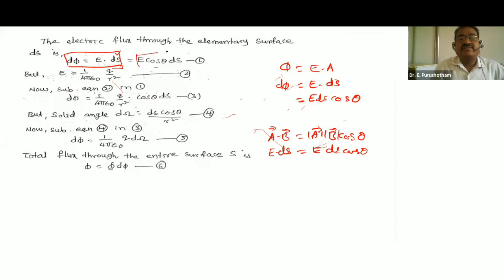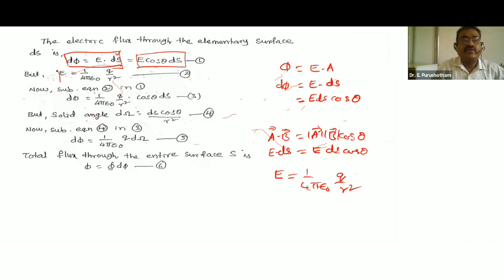We can write this as E ds cos theta, or E cos theta into ds. Let that be equation number 1. But we know the electric field intensity formula: E is equal to 1 by 4 pi epsilon naught Q by r square. So this is equation number 2.